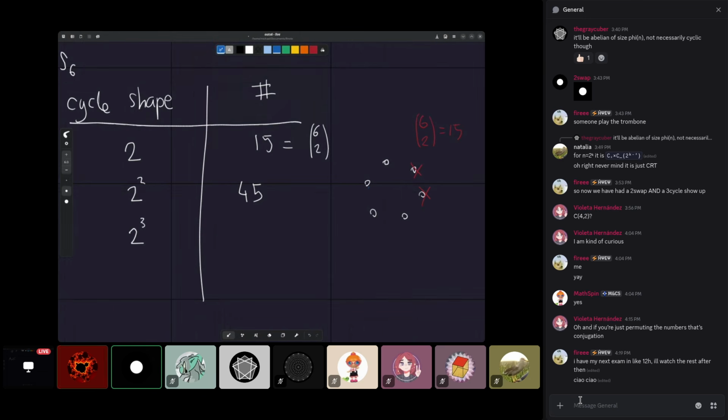So 15 times 3. Great. So yeah, there we go. You got these choices. 45. Cool. That's the same because you can swap the 2 you left out.